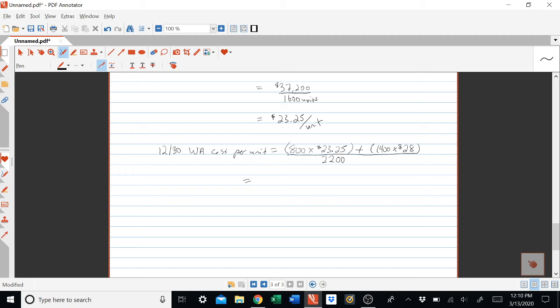Doing a little math, $57,800 here in the numerator, divided by 2,200 units, gives the weighted average cost per unit of $26.27 if you round to the nearest two decimal places.